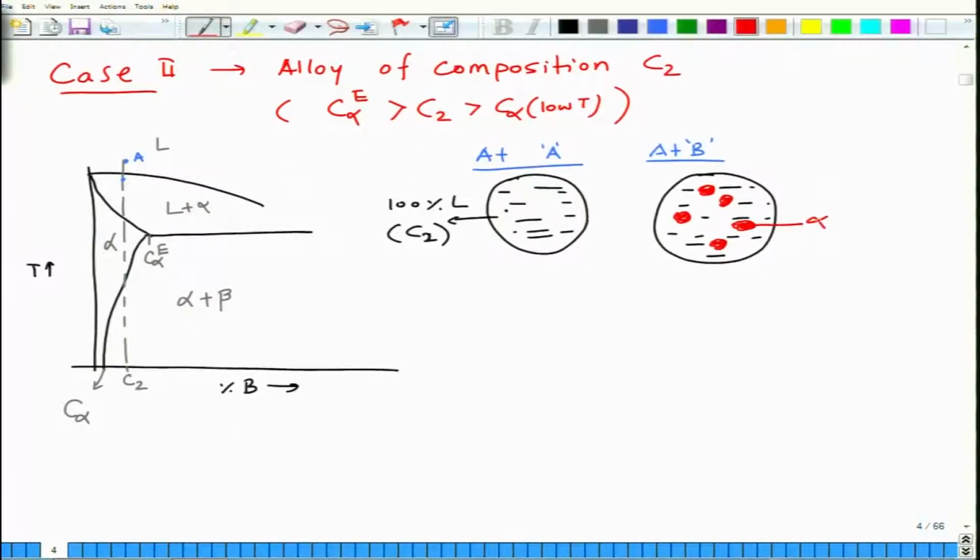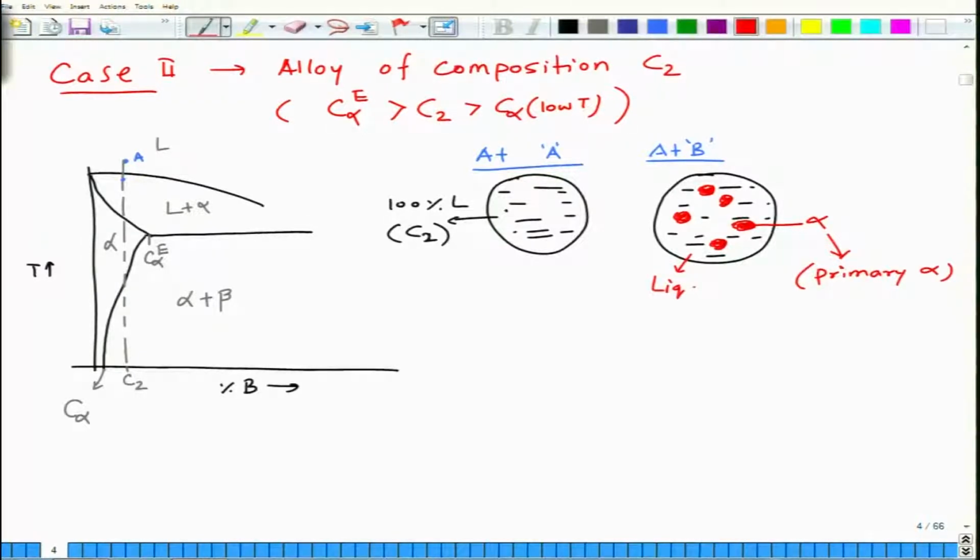This is alpha, and this is pro-eutectic or primary alpha. Pro-eutectic is generally which is above the eutectic line. So in most cases we call this primary alpha, and its composition can be determined by tie line, and this is liquid.